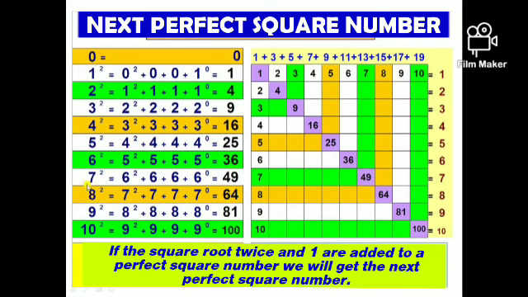Now we can come here: 8 square is equal to 7 square plus 2 sevens plus 1, which is 64. Let's check it. 7 square is equal to 49. 49 plus 7 is 56.